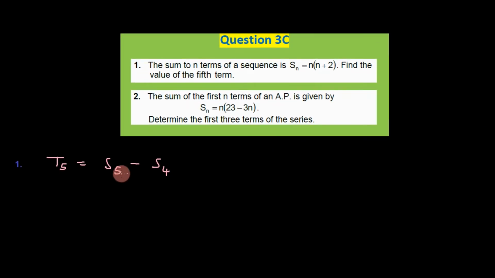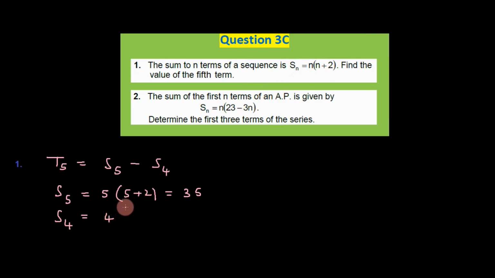Let's work out S5 and S4. S5 we get by plugging in 5 for n. So 5 into 5 plus 2. That's 5 times 7, which is 35. And S sub 4 we get by plugging in 4 for n.